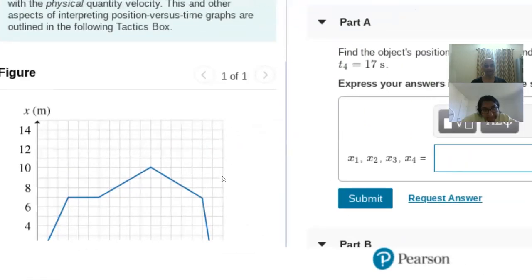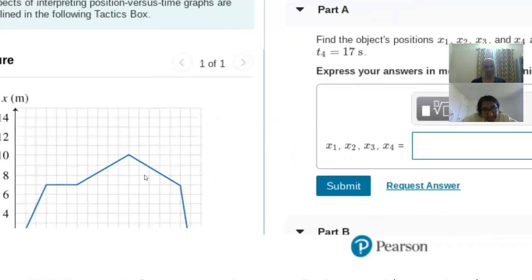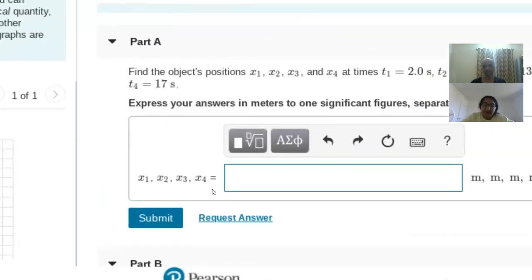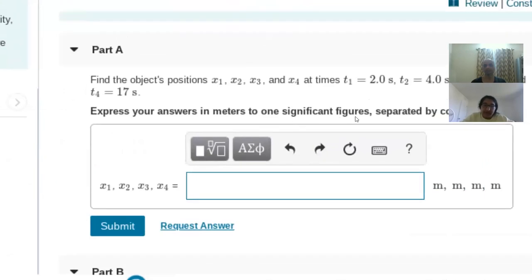I guess if you put 9, there should not be a problem. It's maybe 8.9. It's only asking me for one significant figure, so if I round up, it shouldn't be an issue. Express your answers in meters to one significant figure.